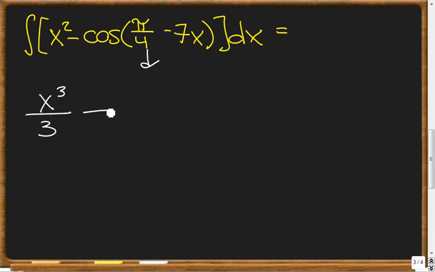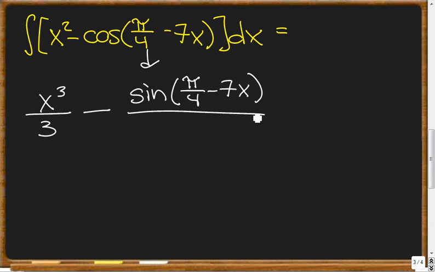So this is going to give us minus the derivative, or excuse me, the integral of cosine of anything is going to be the sine of pi over 4 minus 7x. We then have to divide by the derivative of the inside, or we're going to divide by the coefficient of x, which is going to be negative 7.